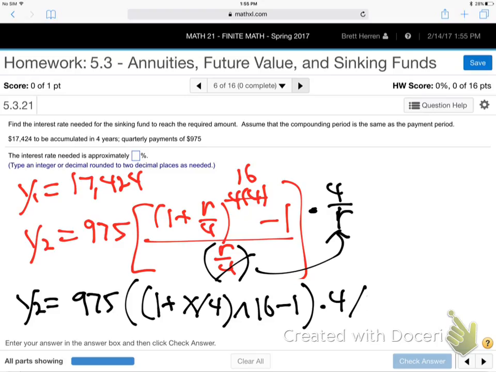That's what you want to type in for y2. Would you have to put parentheses on the x divided by 4 since it's plus 1?